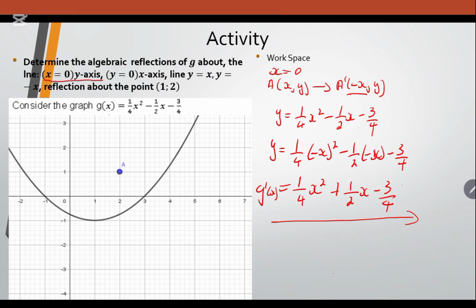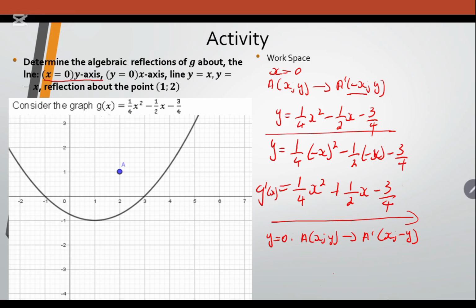Now, let us go and look at the reflection of this graph about the x-axis, about the line y is equal to 0. Now, if the point is x and y, being reflected about the line y is equal to 0, or about the x-axis, the image becomes x and negative y. Only the value of y changes the sign. So our equation is y is equal to 1 over 4 x squared minus 1 over 2 x minus 3 over 4.